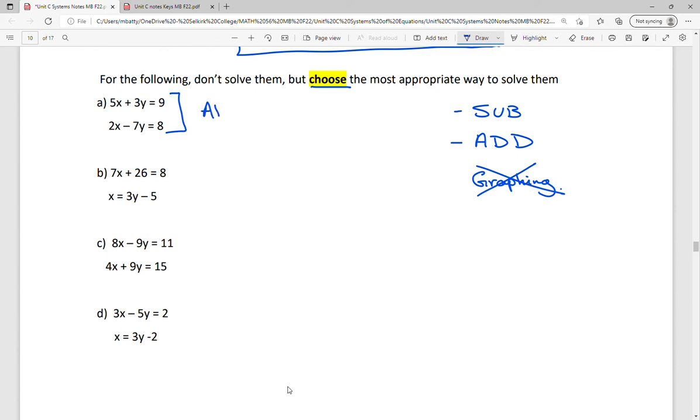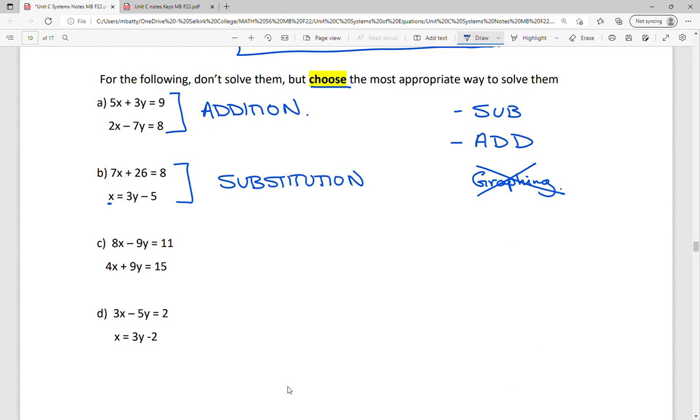I may be able to approach it with the addition method if I were to treat both of these by multiplying them by something, right? I could get the y terms to eliminate. Don't even try it because it's terrible numbers. Yeah, so use the addition method, and I put in my notes, unless you really like fractions. For b, when I take a look at this one, I can see that my second equation is solved for that x. So that means that it's already primed for the substitution method.